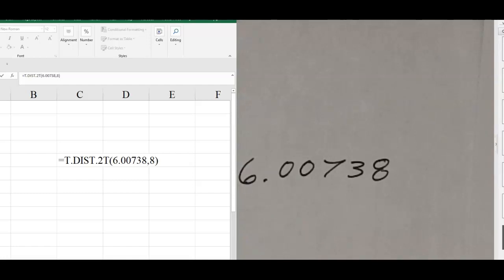If you really wanted to calculate that area of the t-distribution for a two-tailed test using that test statistic of 6.00738 with 8 degrees of freedom, you could use the Excel built-in function to calculate that number, which turns out to be 0.000321.